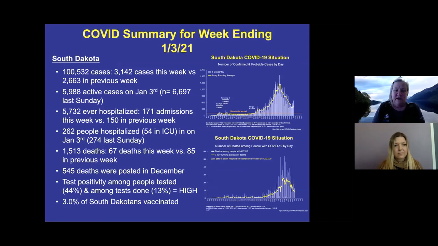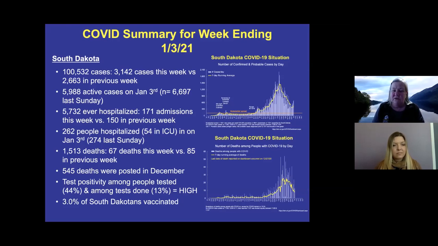If you look at South Dakota, we broke the milestone of 100,000 cases with 100,532 cases, 3,142 cases this week compared to 2,663 in the previous week.